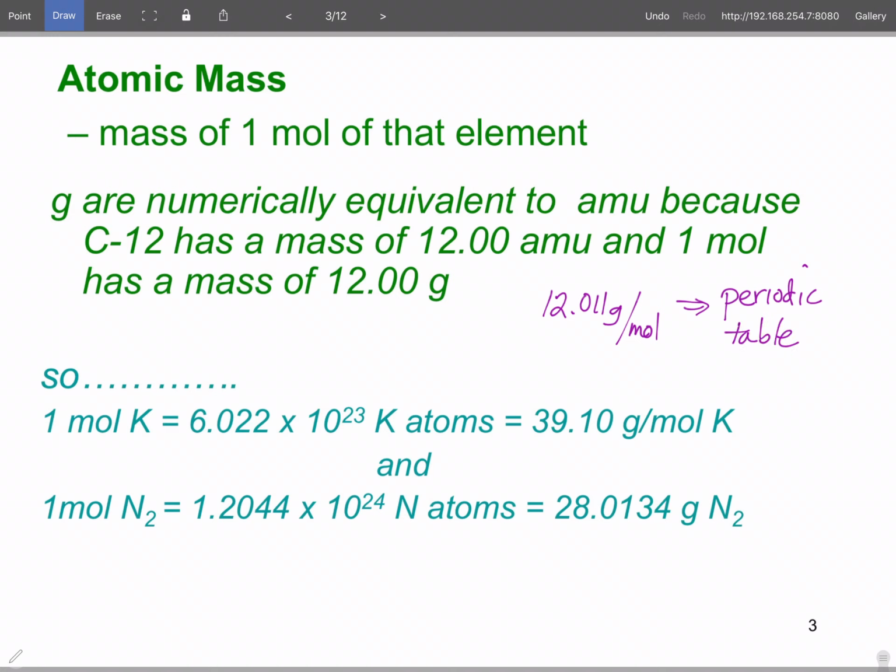Remember, we did that. It is a weighted average because it includes all of the species, the isotopes associated with it. So when you look at a compound, if we look at 1 mole of potassium, that's actually 6.02 times 10 to the 23rd potassium atoms, which means that it's 39.10 grams per mole.